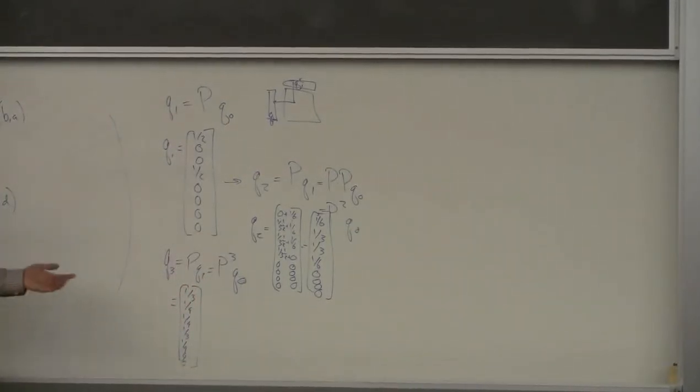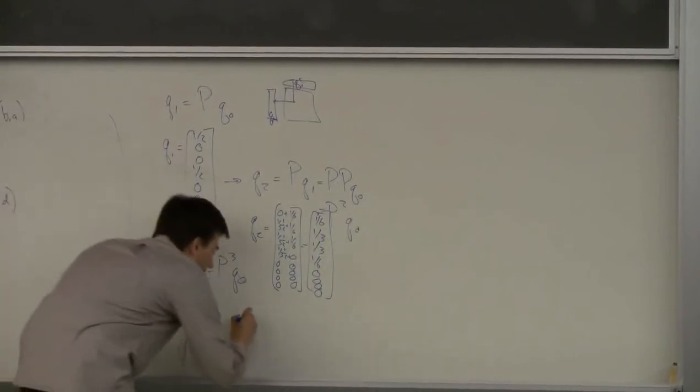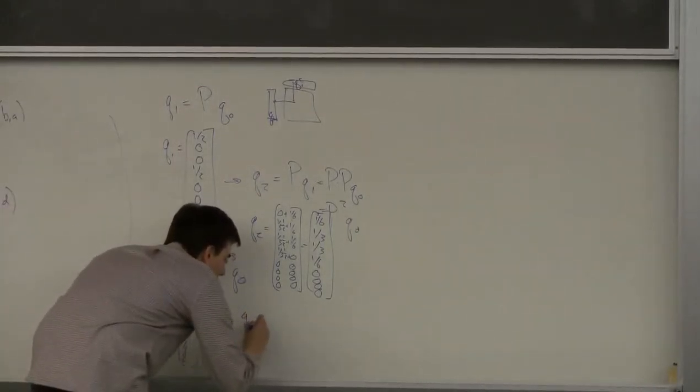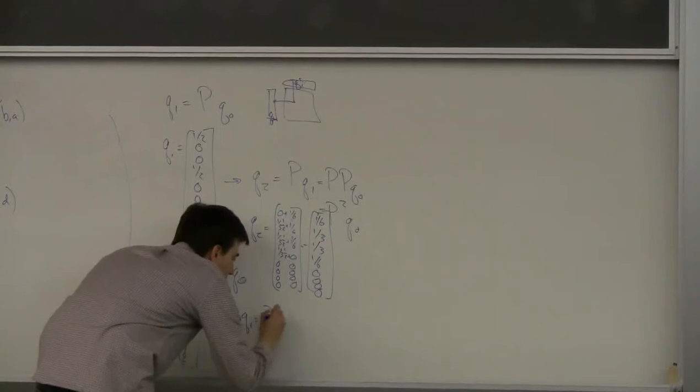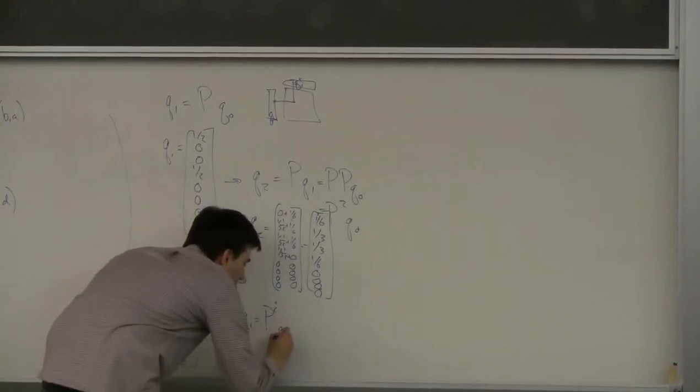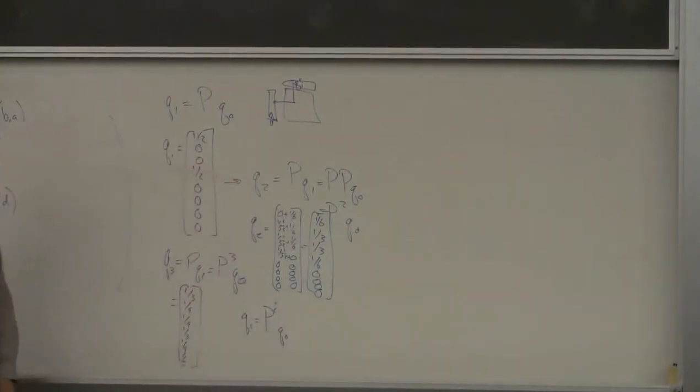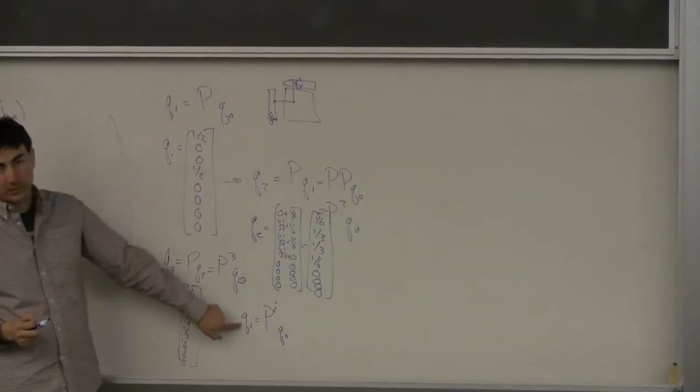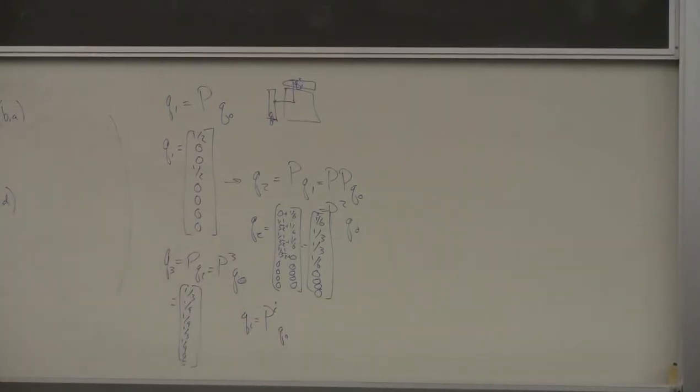I can do that for any value. If I wanted to know state Qi for any value, I do P to the i power times Q0, and this tells me where I would likely be after i steps.